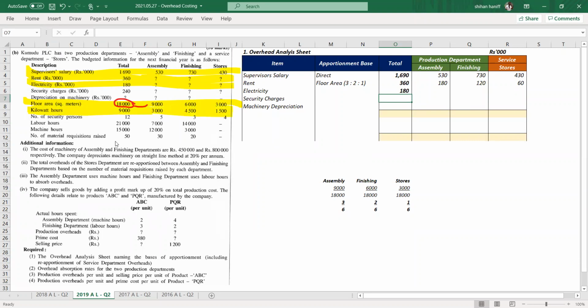The kilowatt hours ratio is 3000, 4500 and 1500. All the amounts we can divide by 1500. Then we can take the kilowatt rate 2 is to 3 is to 1, 231. That's the rate, 231.